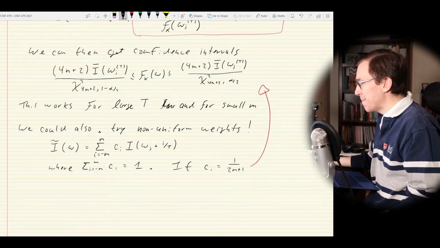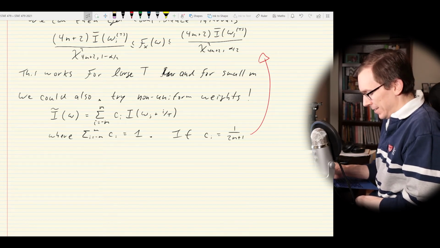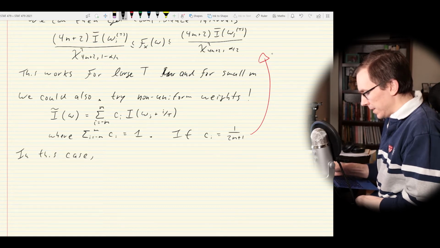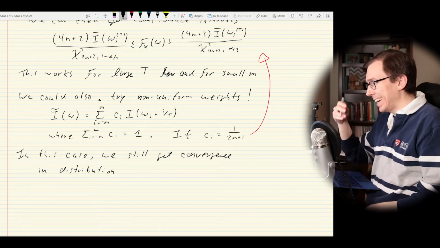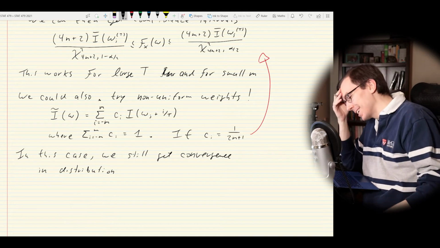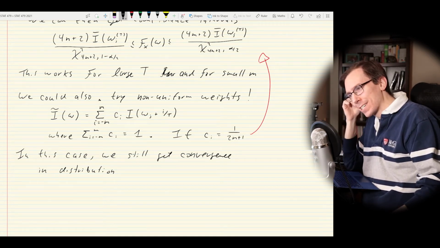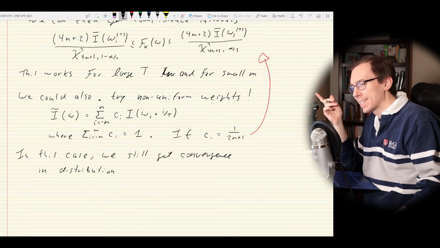So what happens mathematically? In this case, we still get convergence in distribution as before, given all the nice conditions that we talked about previously, like the convergence of the autocovariance and things like that.